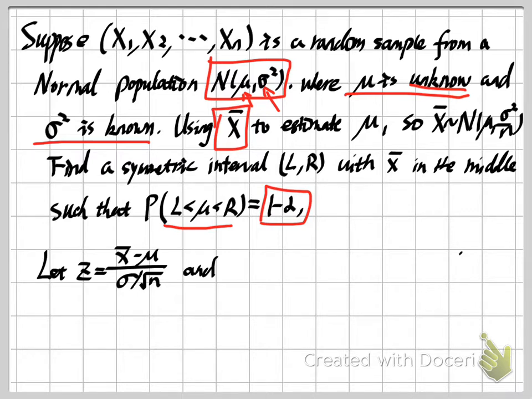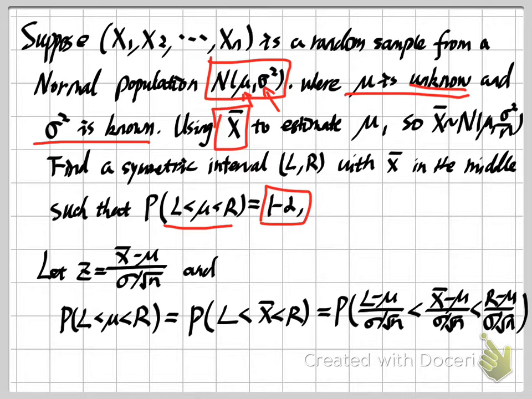Based on this new definition of our capital Z, the previous inequality becomes the following. This is our process for standardizing our normal distribution, and because we rewrite the middle term as capital Z, our inequality now looks like the standardized left endpoint on the left, smaller than our new variable Z, smaller than the standardized right endpoint.